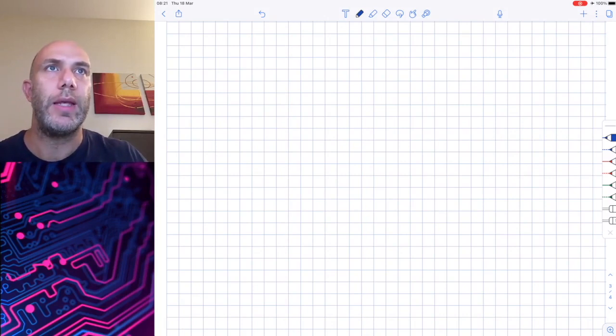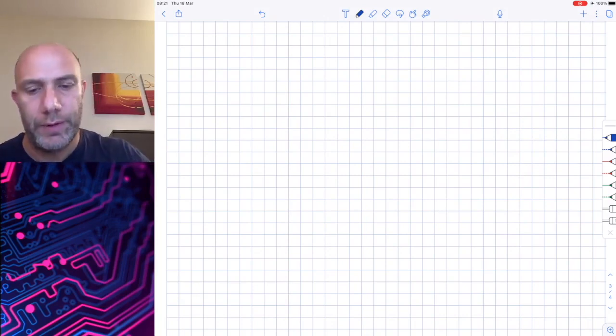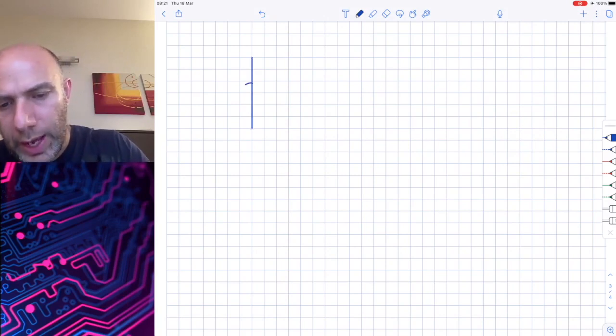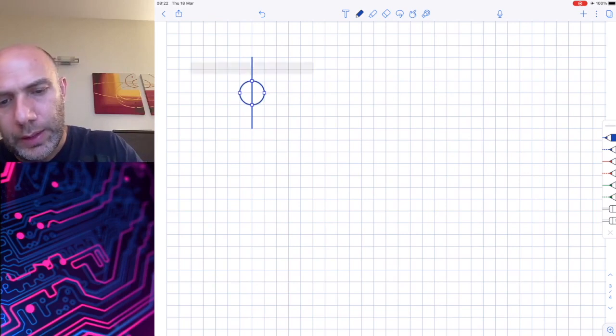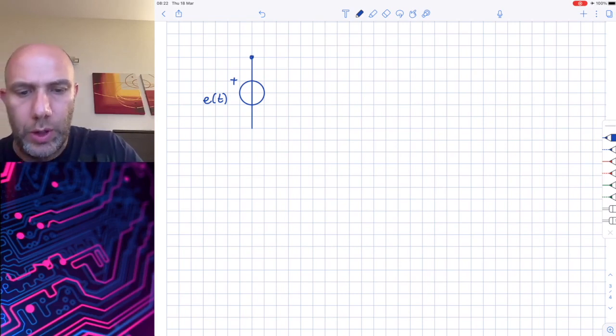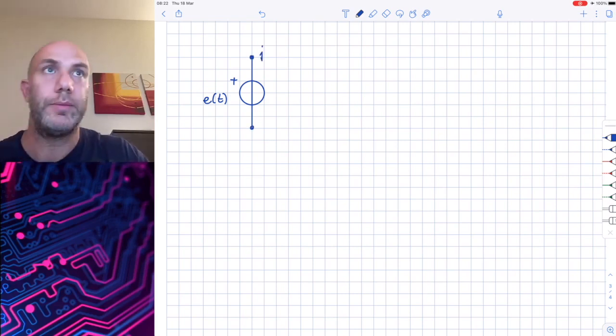The second case is when we have only the voltage generator. So we have the voltage E of t that is directly connected to the node J and node K.